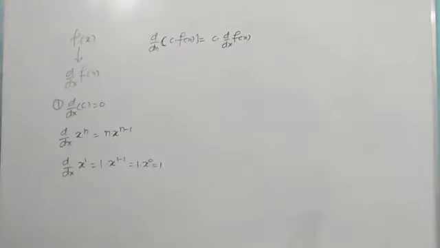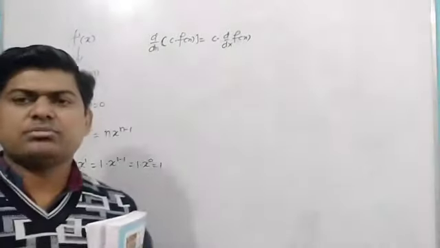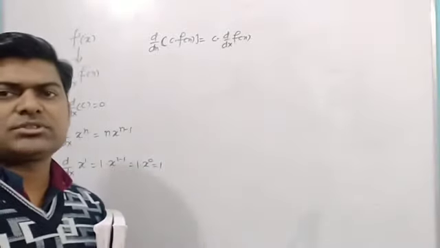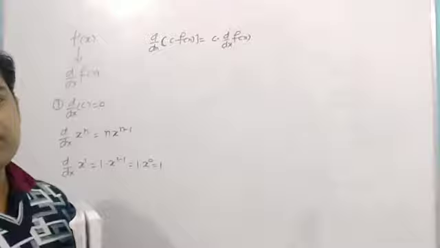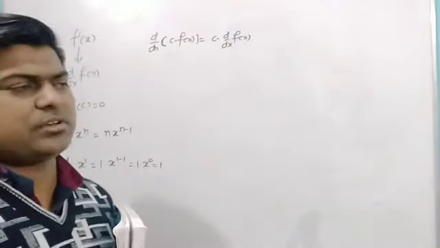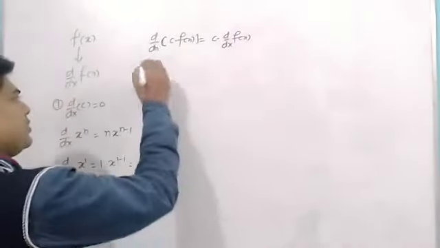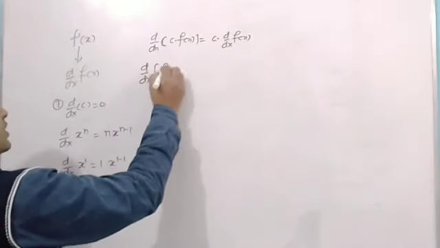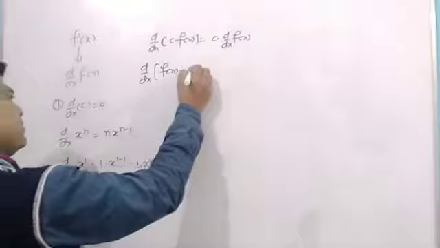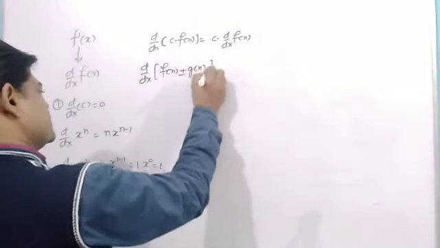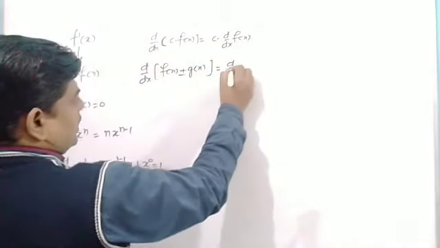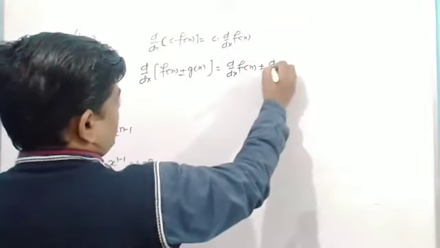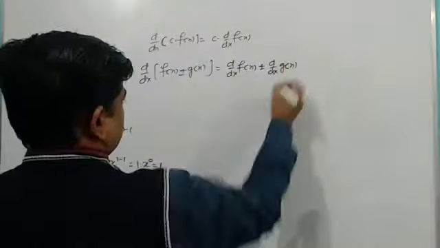It means if the constant comes as a multiple of a function, that constant can come out and we have to differentiate that variable, means x and all these things. A few more things are there. If I am having two functions, f(x) plus or minus g(x), no problem is there. I can write d/dx of f(x) plus or minus d/dx of g(x).